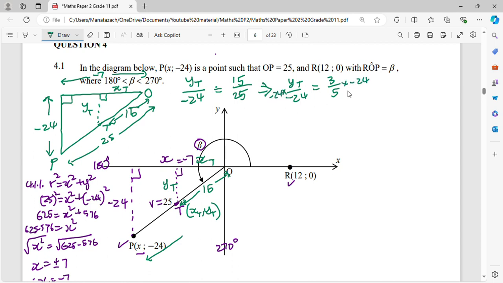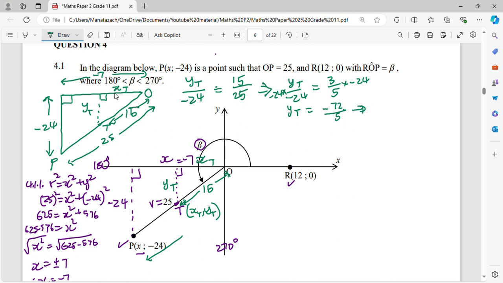So it will give us YT is equal to, so 3 times 24 should give us minus 72, and then 5 will come back as it is. So this is the y coordinate for point T.